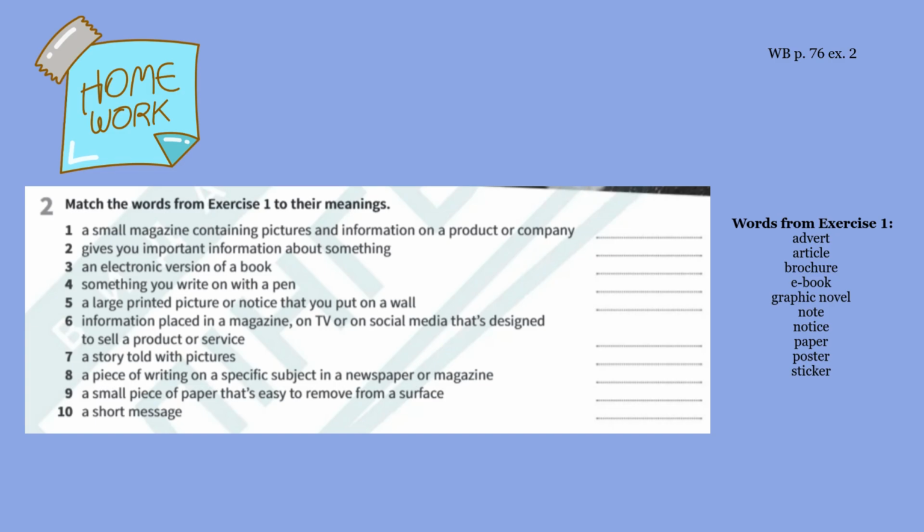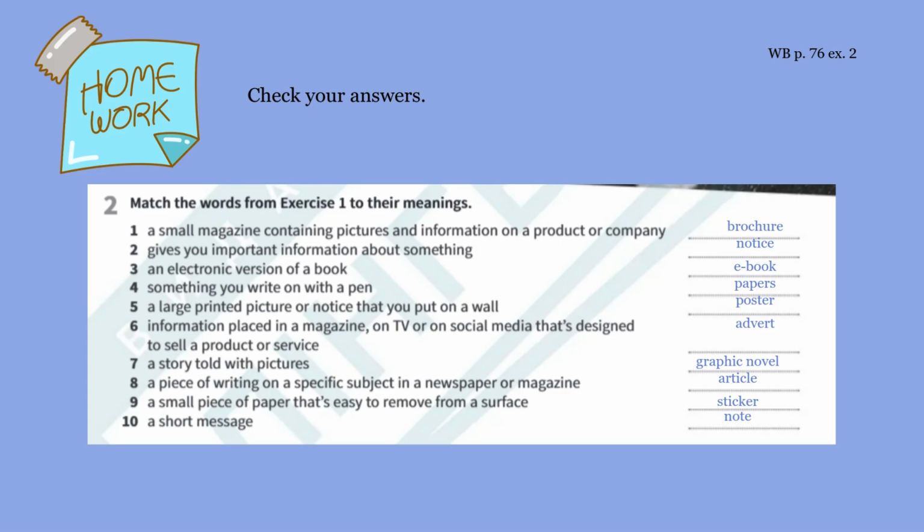In exercise 2, we need the words from exercise 1 to match them to their meanings. You can read them again on the right hand and do the task. Don't forget to pause the video. Let's check your home task. Number 1. A small magazine containing pictures and information on a product or a company. It's a brochure. Number 2. Gives you important information about something.